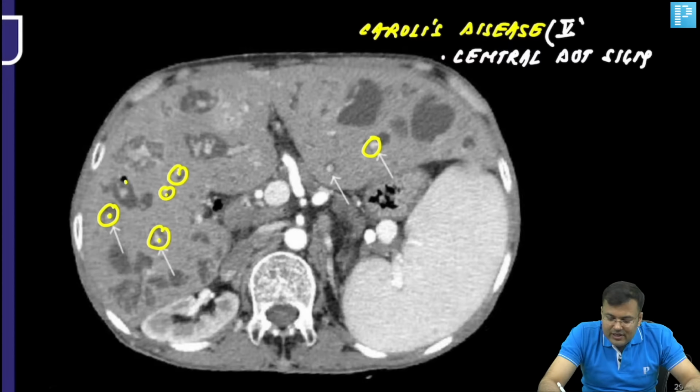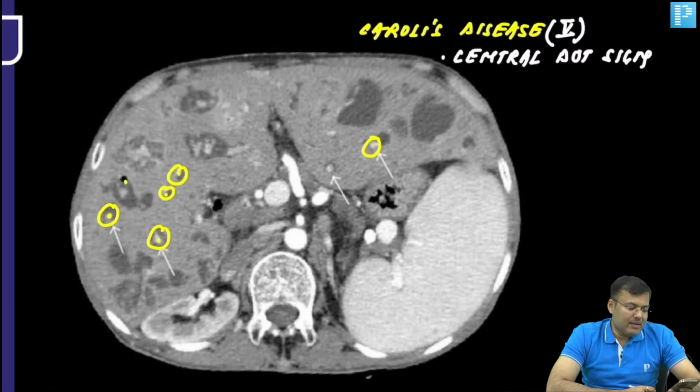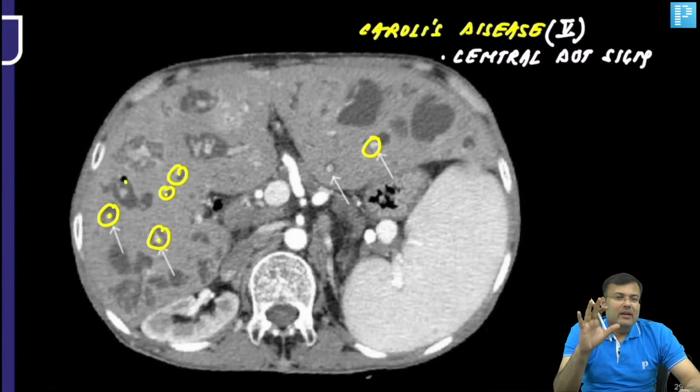Can you tell me what is the most common type of choledochal cyst? Most common type? It's not type 5. Let me tell you the simple logic. Any classification which starts from 1, 2, 3, 4, 5, usually the most common type is 1.